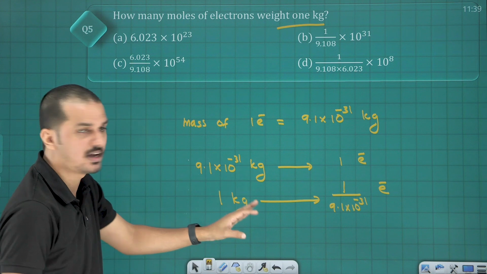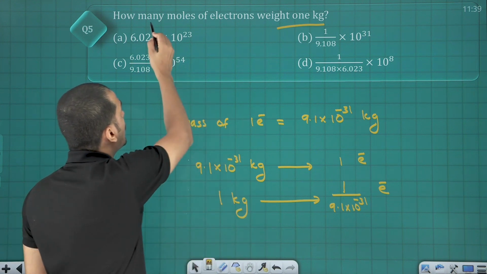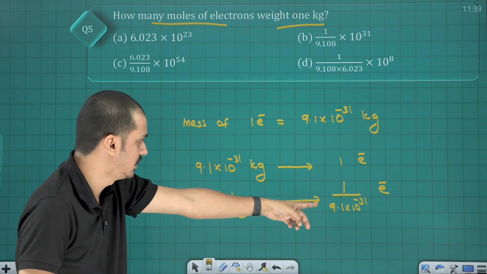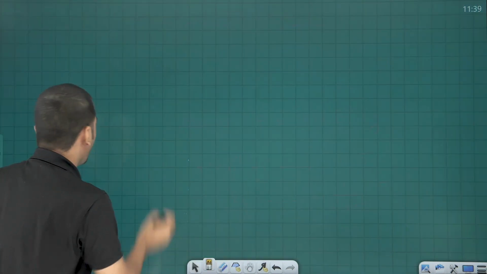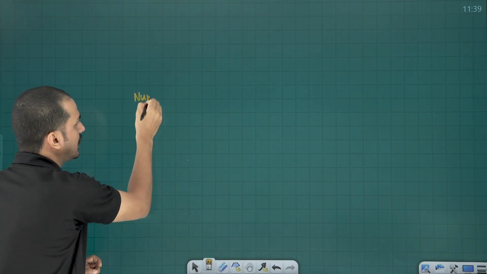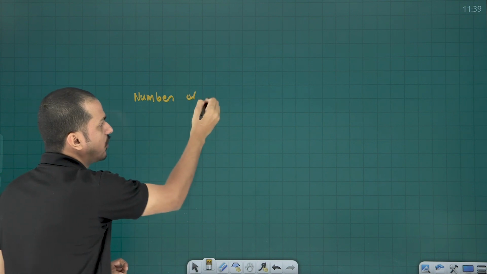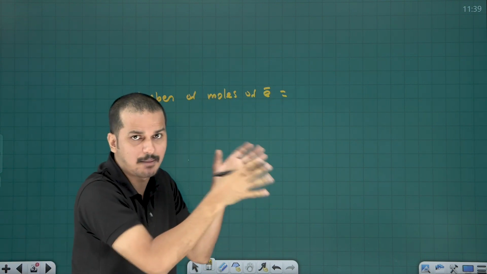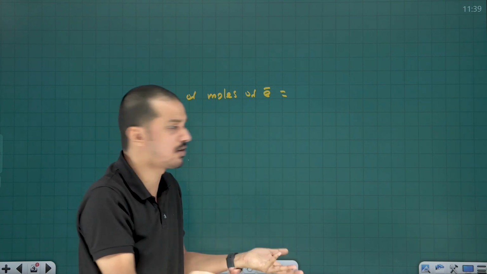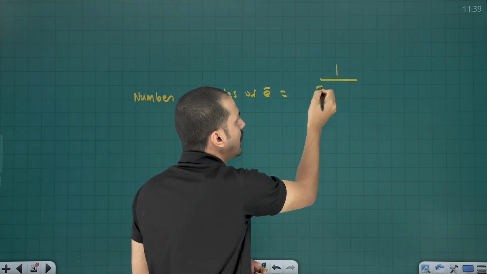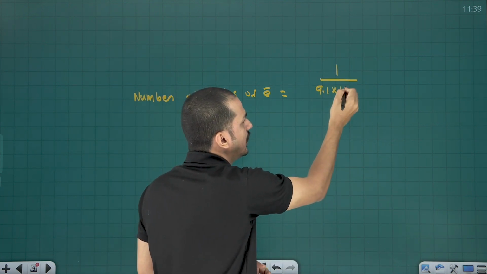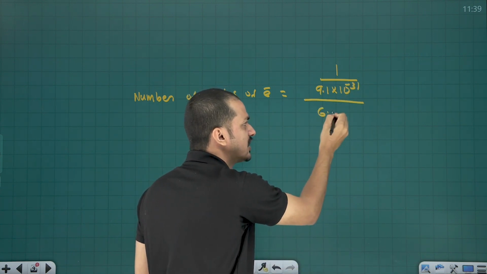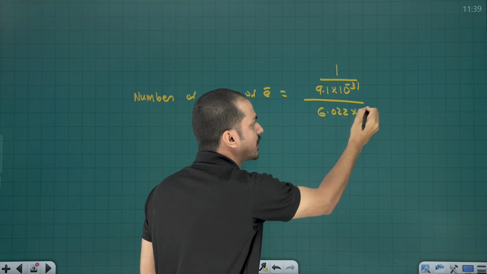Now they are not asking about the number of electrons, they are asking about the number of moles of electrons. How do I convert this into moles? To get moles of electrons, I have to divide the number of electrons by Avogadro number. So I have 1 by 9.1 into 10 raised to minus 31 divided by Avogadro number, 6.022 into 10 to the power 23.